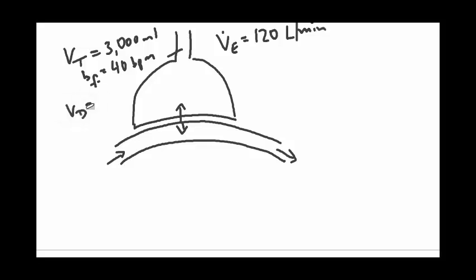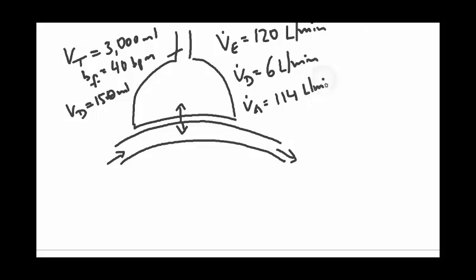So V D is still 150 milliliters. So dead space ventilation is now 150 mils times 40 breaths per minute, or 6 liters per minute. The V dot A, the alveolar ventilation, is V E minus V D, or 114 liters per minute.